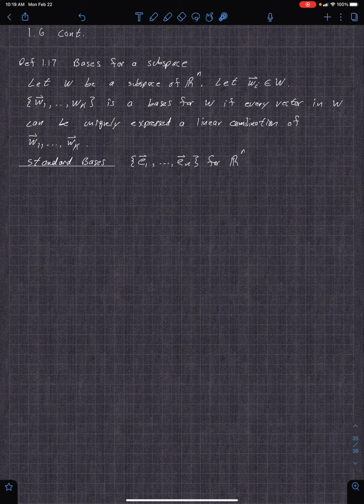So every vector in Rn can be created by linear combinations of these. So that's the standard basis, and then we've studied in the past i, j, and k, which is e1, e2, e3. That's the standard basis for all of R3.